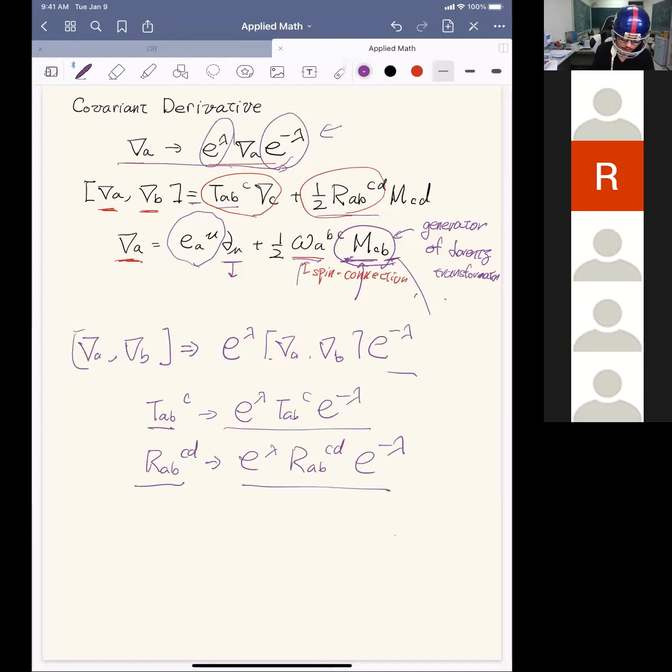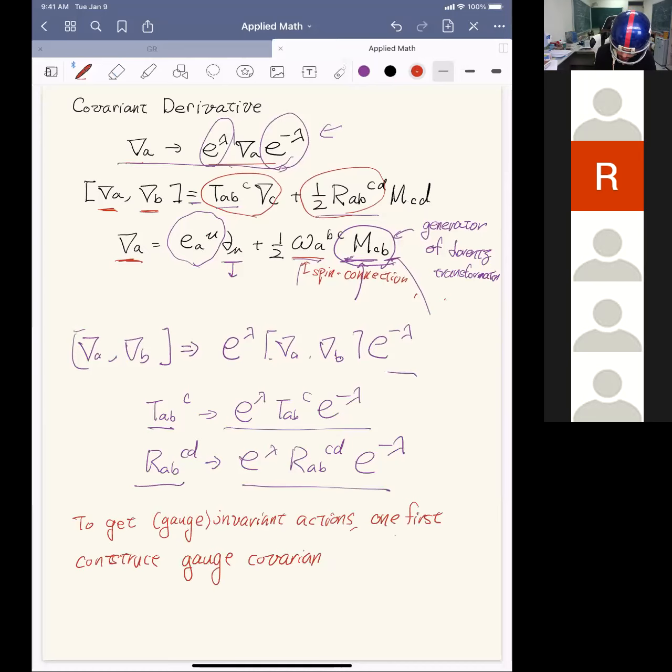Okay, so said in another way, to get gauge invariant actions, one first constructs gauge covariant building blocks.